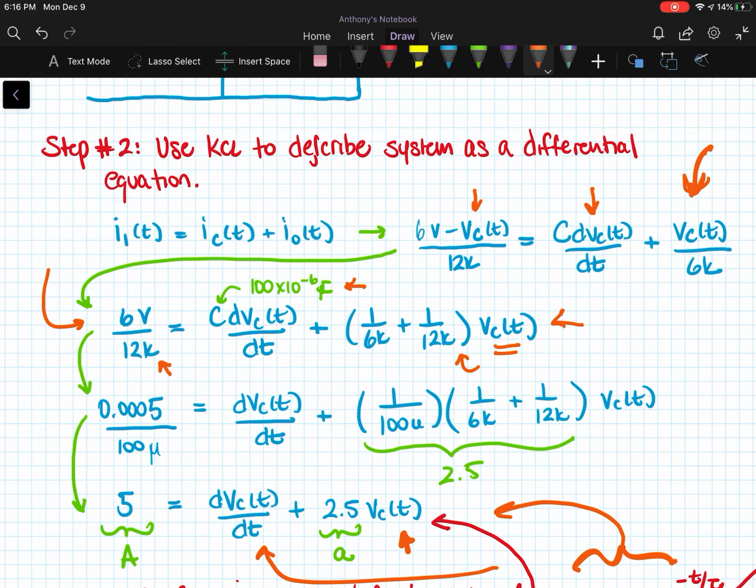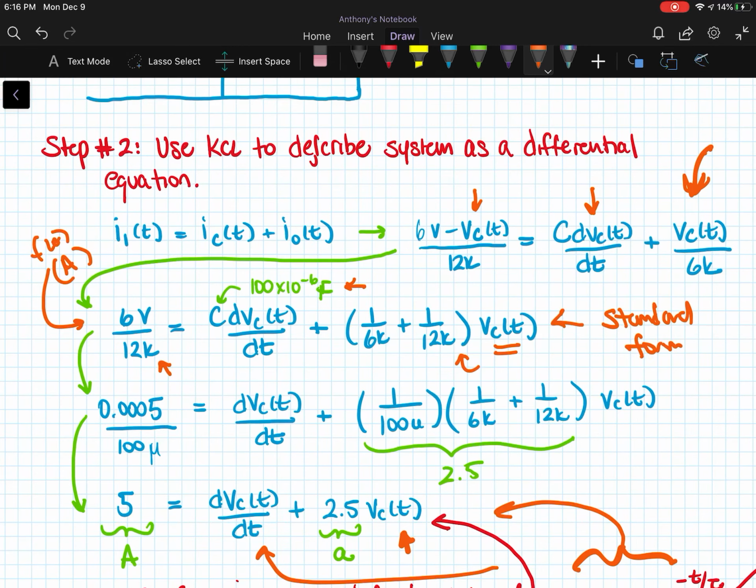This ultimately is going to be our external force applied, which we will often use the letter capital A to represent.